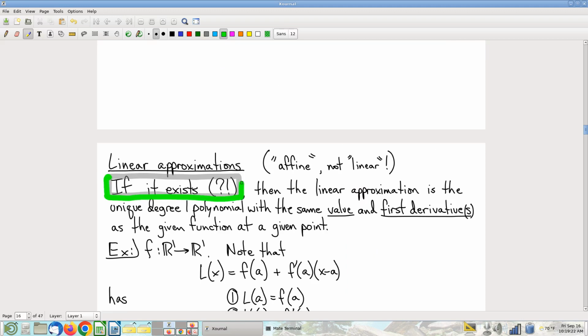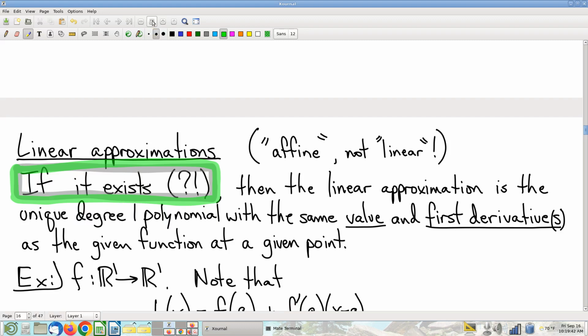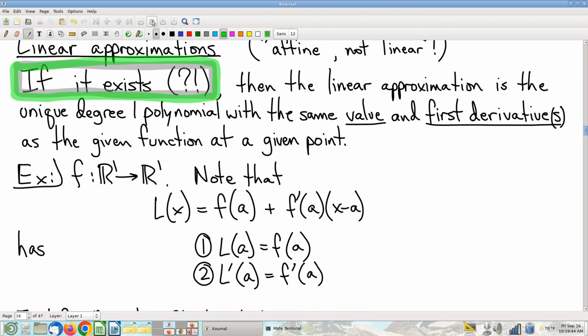Everything that we said about linear approximations was subject to this little conditional prefix: if it exists. If there is a degree 1 polynomial that mimics the function in value and first derivative, then yes, this is what it would have to be. But I can't just write down a formula and therefore assume that it actually does what I want it to do.